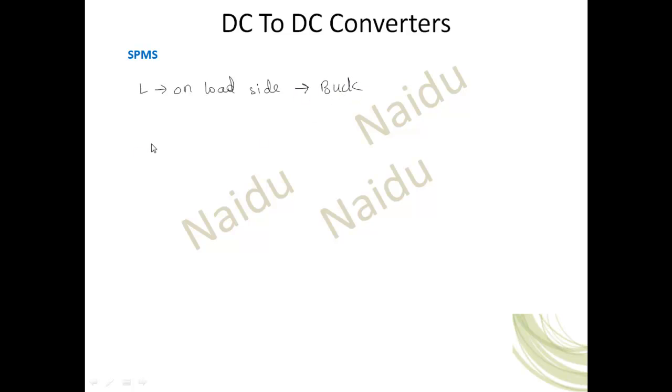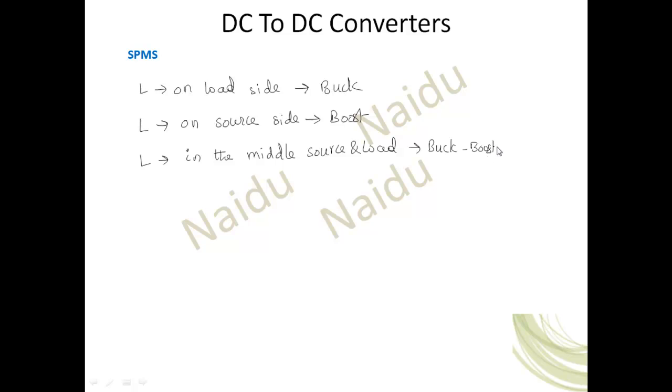When the inductor is connected on the source side, irrespective of the switch being on or off, it is always there on the source side, then it is a boost converter. But if the inductor is connected in the middle of source and load, then it is buck-boost. Most people get confused whether a given circuit is a buck or boost converter, and based on that all the formulas change. That's what I'm telling you.